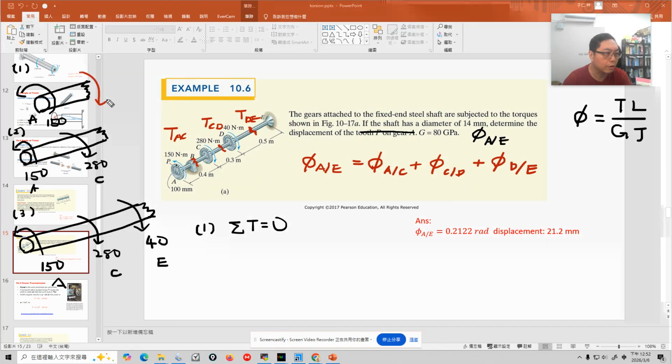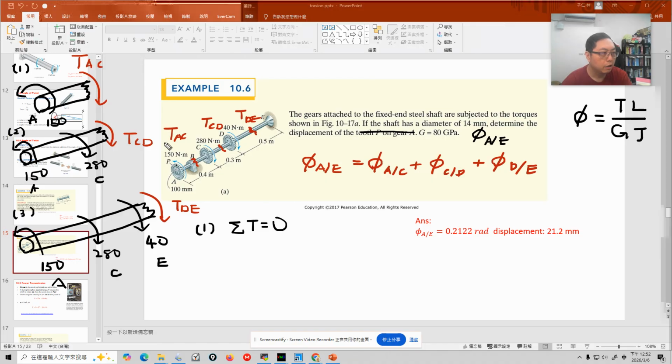I should also write this first: TAC, TCD, and TDE. In the first section, the torque is here.